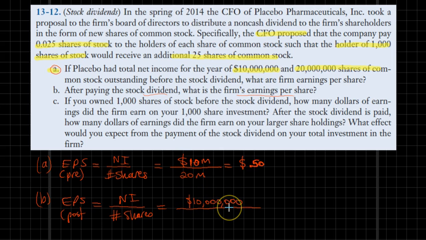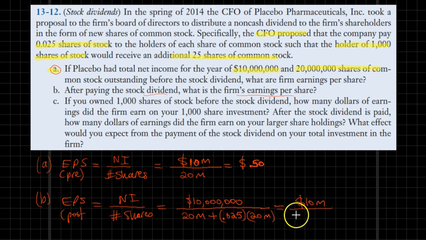The number of previous shares was 20 million, and then we added some more, so the fraction added applies to the 20 million existing shares.